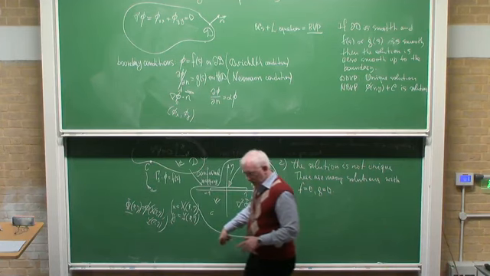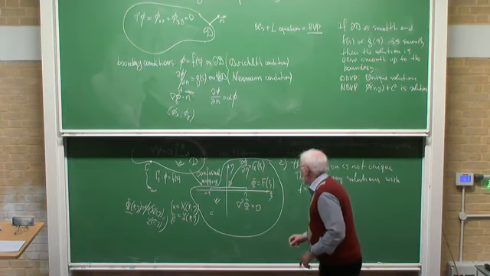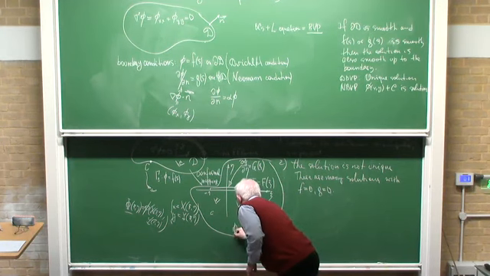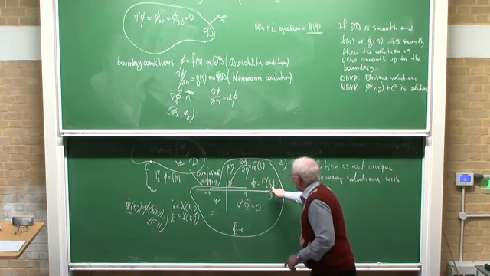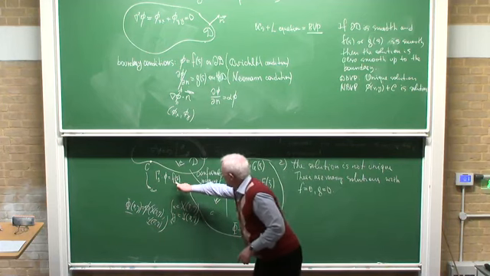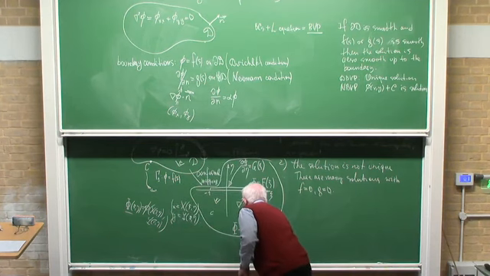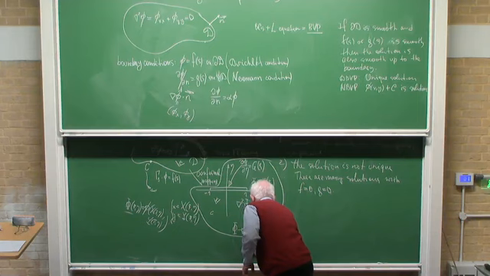C goes to infinity. So this means we require that phi tends to f of psi, and f of psi, if we look at that, is equal to f at c as psi tends to infinity.